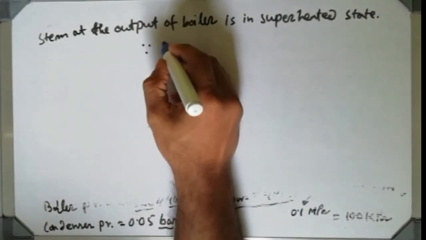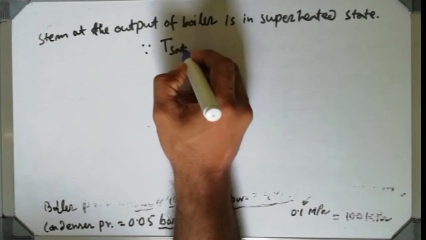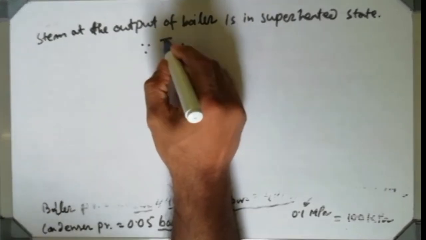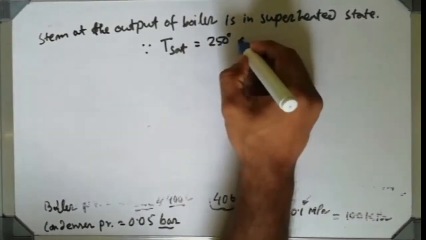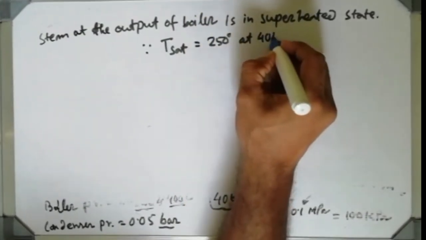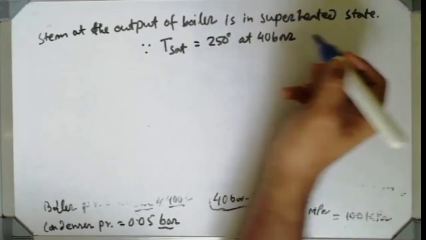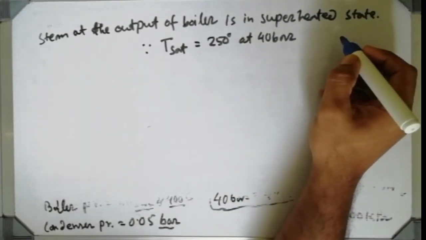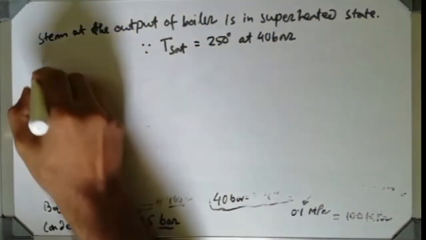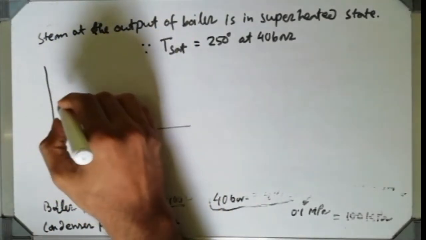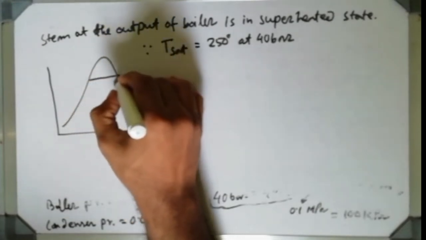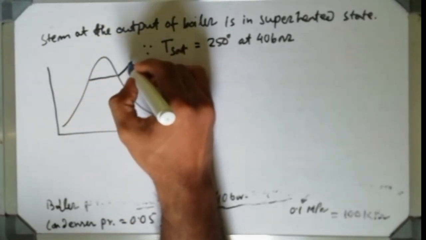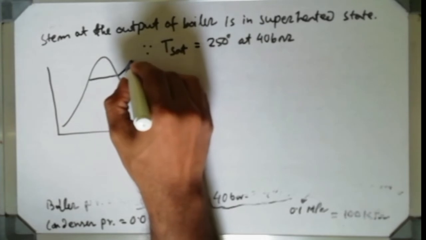Since the saturation temperature, in short Tsat, is 250 degrees centigrade at 40 bar pressure, and here it is given as 400 degrees centigrade, it is in superheated state. Now if we draw the diagram quickly, it will go into this region because the superheated region is there.